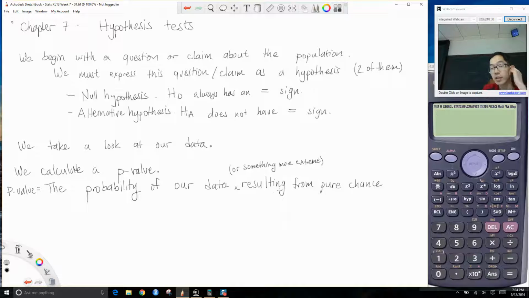Okay, so it's the probability of our data resulting from pure chance if we assume that the null hypothesis is true.